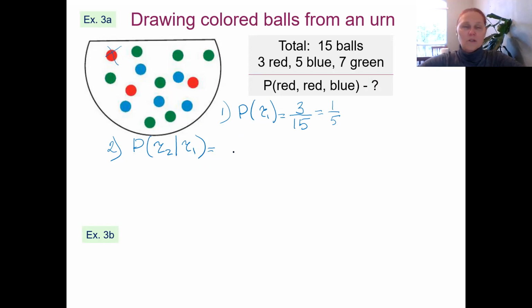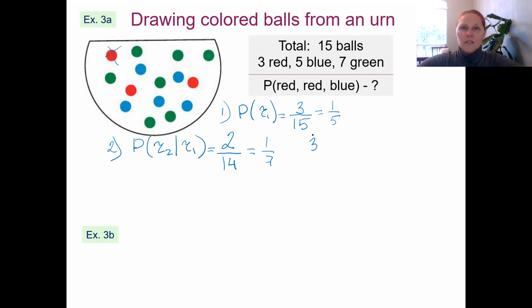Now we draw from 2 red balls out of the total of 14. 2 over 14 is the probability to get the second red, given that the first was also red. We can simplify this fraction as well by dividing numerator and denominator by 2: 1 over 7.